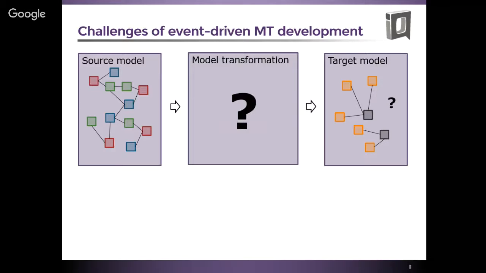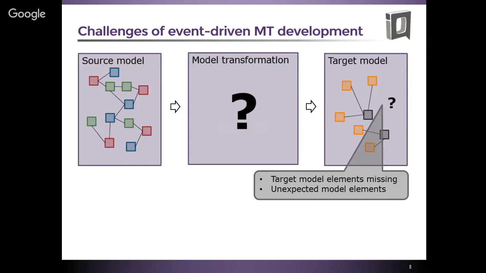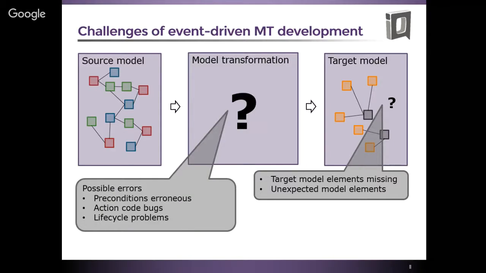And usually, when we're developing a model transformation, we are testing it using various test models. The way we detect errors in the model transformation code is that an element is missing from the target model, and we have no idea what exactly caused the problem. Basically, in this case, there are three things that can go wrong. Firstly, our preconditions are erroneous.